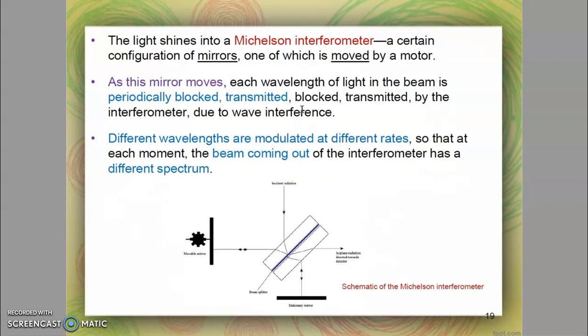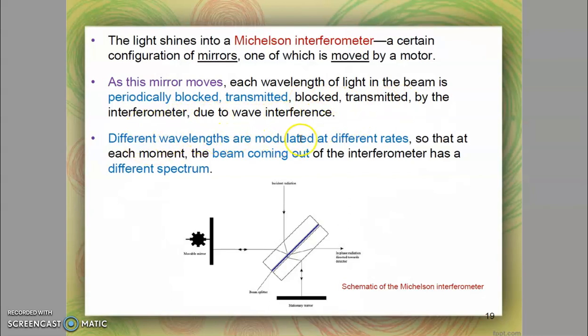The light shines into the Michelson interferometer, a certain configuration of mirrors, one of which is moved by a motor. As this mirror moves, each wavelength of light in the beam is periodically blocked, transmitted, blocked and transmitted by the interferometer due to wave interference.